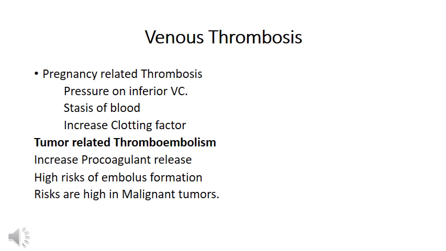So, in many malignancies or cancers, we see increased procoagulant release and increased chances of embolus formation, and especially these chances are high in the case of malignant cancers. So cancers or malignancies can also cause disease.